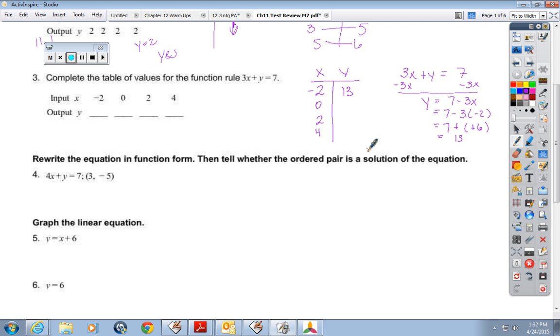Now I have to do it again, except this time I'm replacing x with 0. So when I replace x with 0, I end up getting 7 plus 0, which is 7. Okay, and then I have to do it again, and I'm replacing x now with 2.